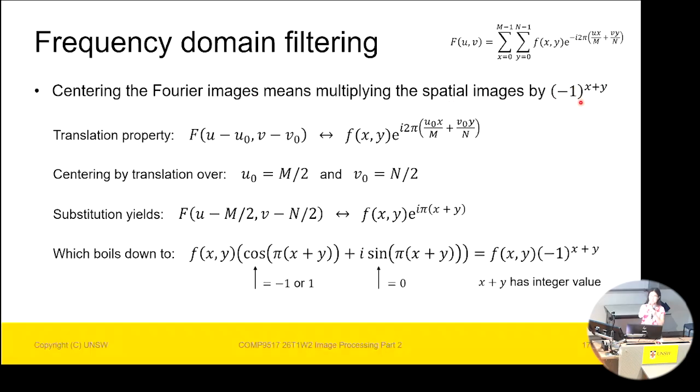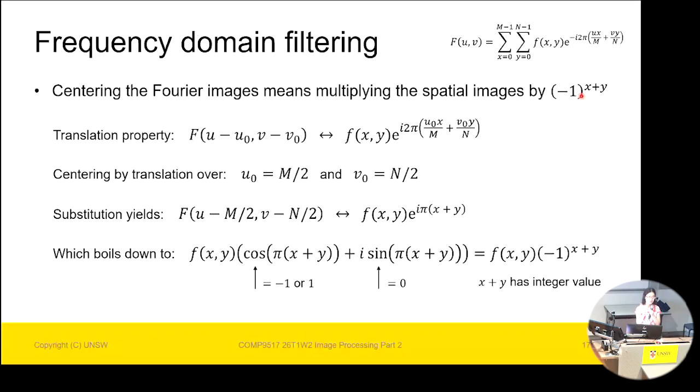At each pixel, x and y are the coordinates. When you sum the two values, they can be either even or odd. If it's an even number, you get 1; if it's an odd number, you get -1. So you are just multiplying -1 and 1 alternately onto the spatial image.